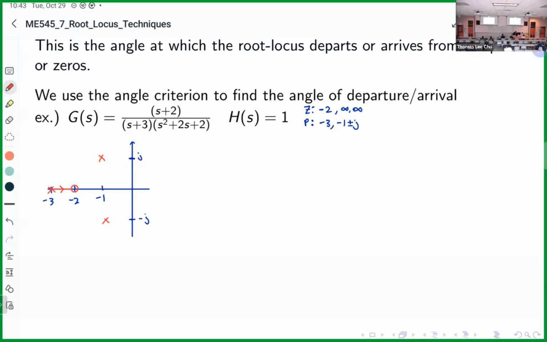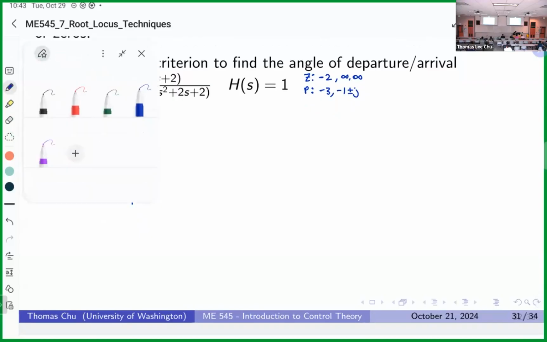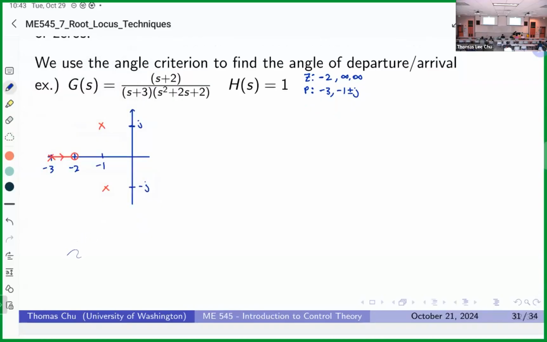Right. So now basically what we're trying to find is the angle of departure here. So in my second plot here, I'm just going to draw a close up of the pole in the top right there, at j.